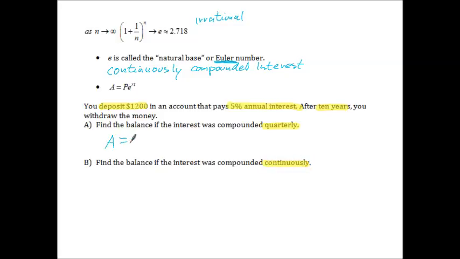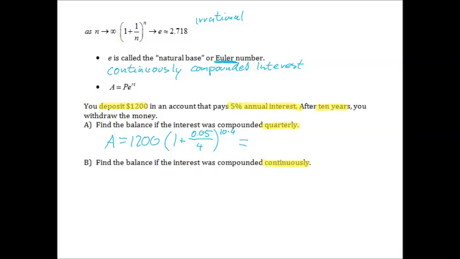A is equal to 1,200 times, we have to use our formula from before, 1 plus 0.05 divided by 4. Quarterly means 4 times a year, and that gets raised to the number of years, 10 times 4.